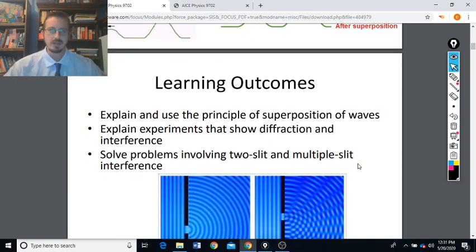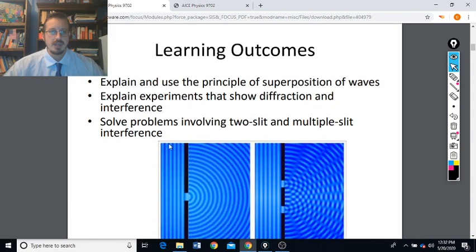Once we can apply the principle of superposition of waves, for example with coherent waves, we're going to get points of reinforcement and cancellation, where the waves are adding up to become stronger and reinforced, or adding up in such a way that they destroy each other, and that's destructive interference. So we can account for an interference pattern by thinking about the principle of superposition.